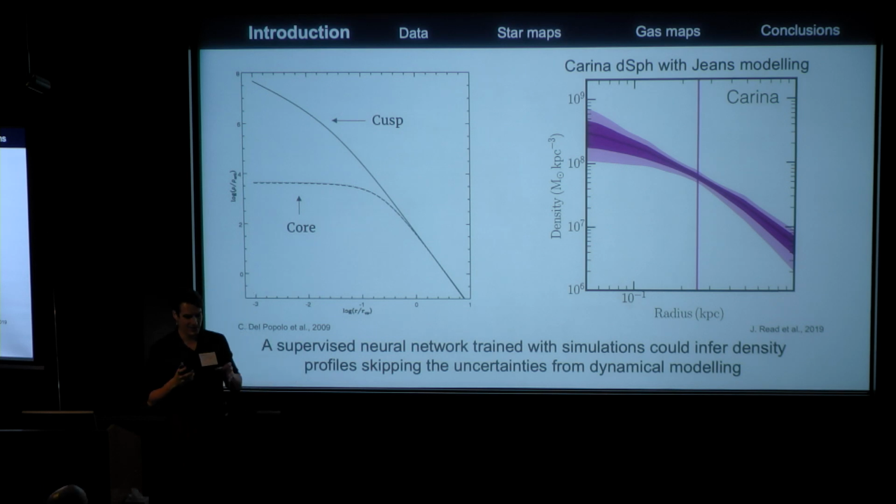The idea here was to create a neural network that uses positional and spectroscopic information of the stars, information you can obtain from surveys like Gaia, for example, to infer the value of the inner slope of the density profiles.